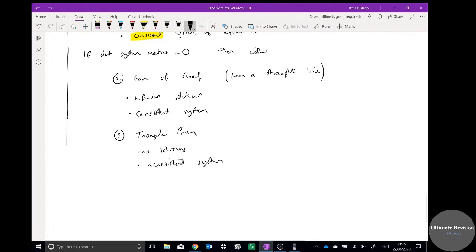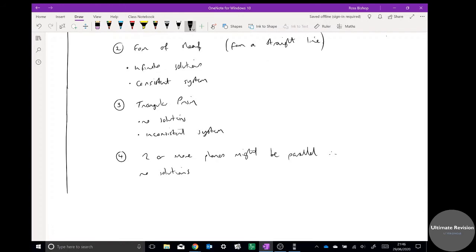And the other two: two or more planes might be parallel. These are very unlikely, but they're possible. So two or more planes might be parallel, and therefore there'll be no solutions. You could have two parallel and one crossing through both, or all three parallel. So no solutions and inconsistent.